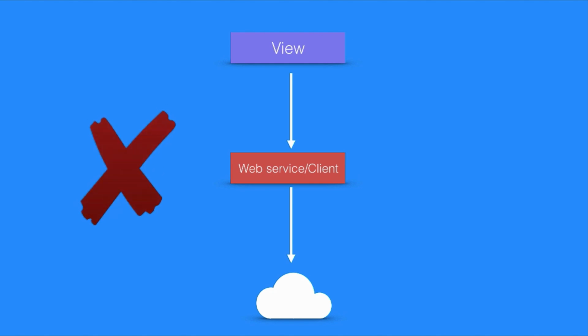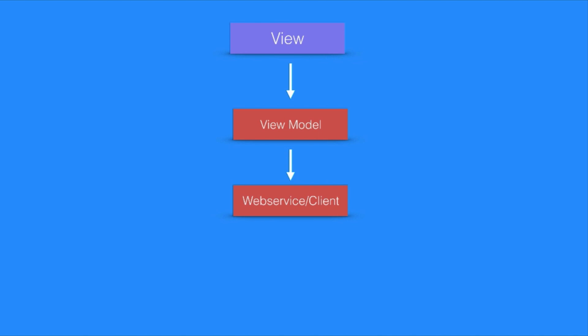So don't use that. Let's look at the correct approach. So you will have the view, and the view is saying, hey, I want all the customer information. The view is going to talk to the view model. The view model is going to talk to a different layer, which will be a web service or a client. And the web service or the client will eventually talk to some cloud service and get the data.